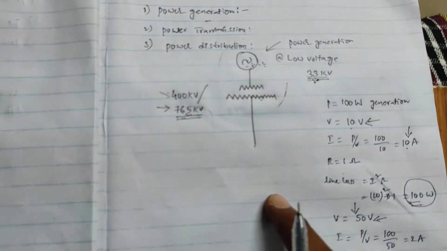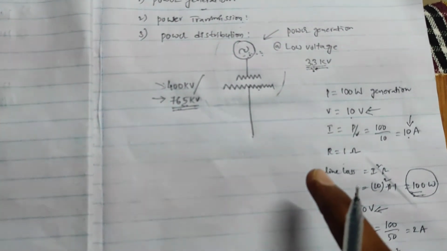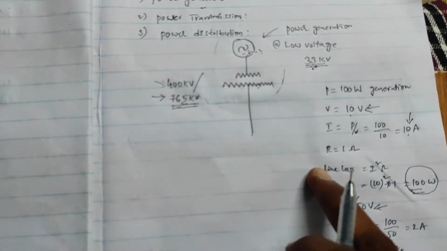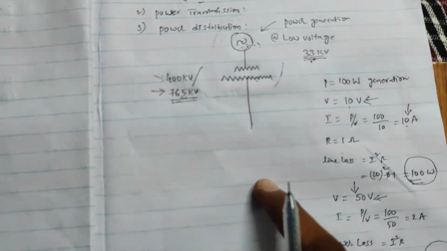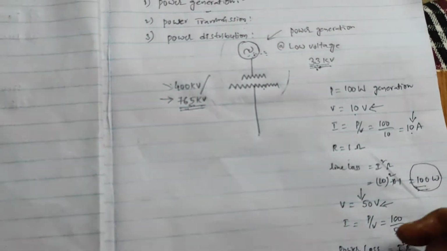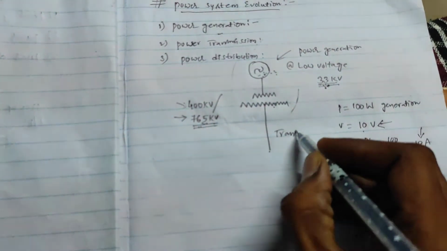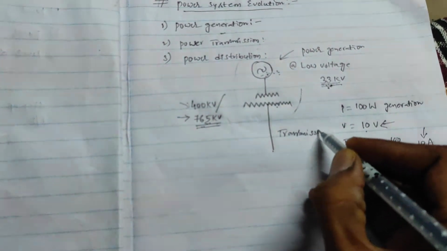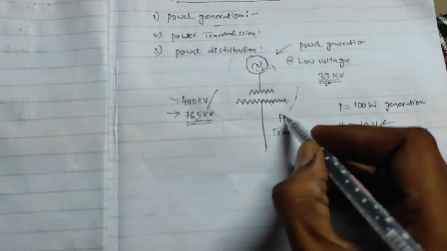the amount of power required by the load at different voltages. So now, this is power transmission network, and we call this a primary transmission.